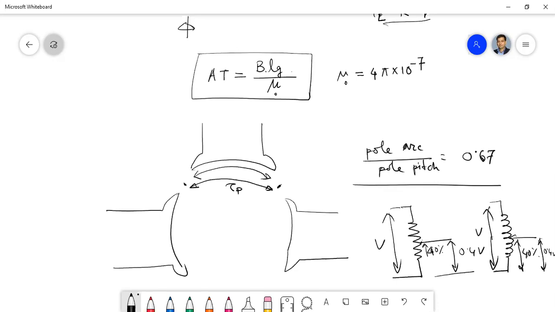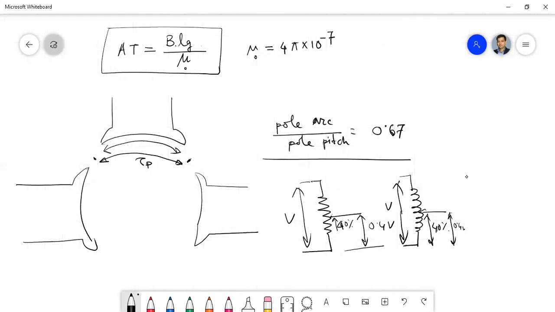But the thing is, in case of step up operation, if we apply the input on this side, you will get V on this side for the auto transformer. But if you apply 0.4 V on this side, in case of a potential divider, can you tell me what voltage you will get on that side? 0.16? No, it's 0.4 V only, because the other side will be open.